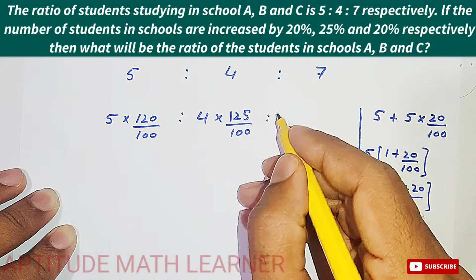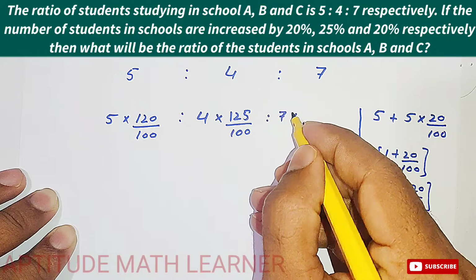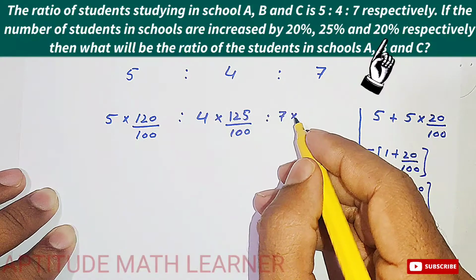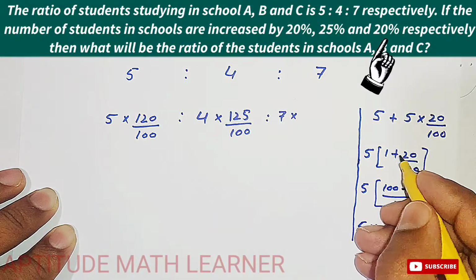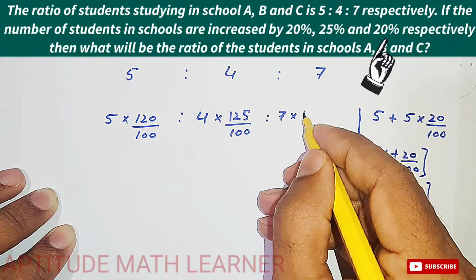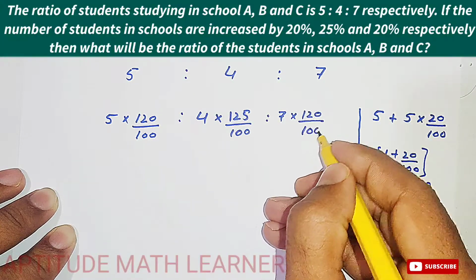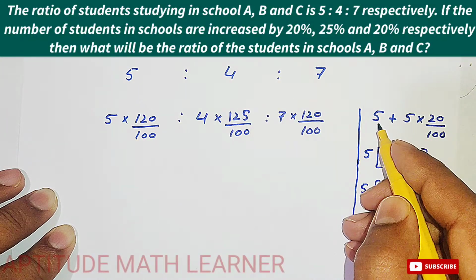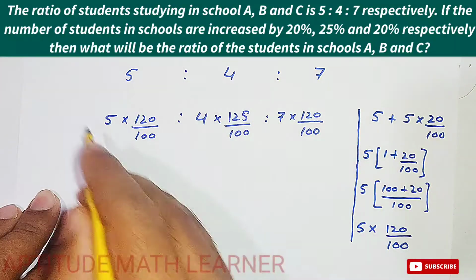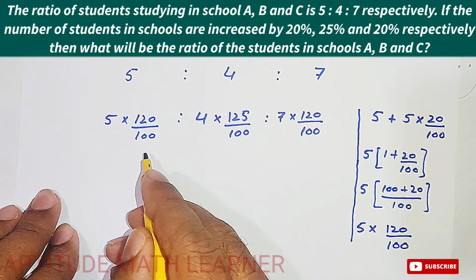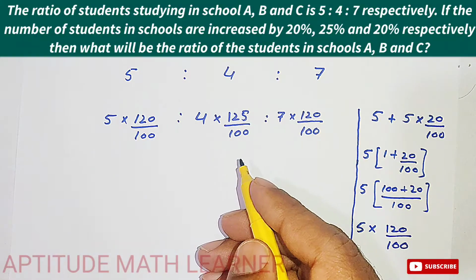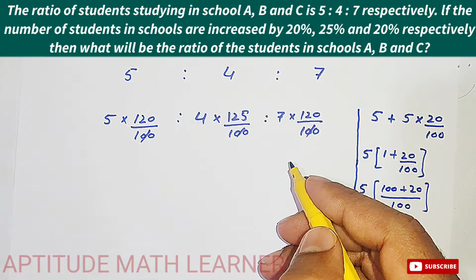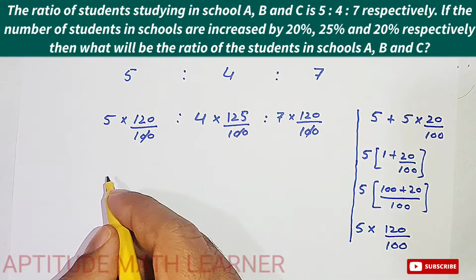For school C we have the ratio 7, and it is increased by 20%, so this becomes 120 upon 100. All three can be solved by the same method. Now we can cancel out the 100s.